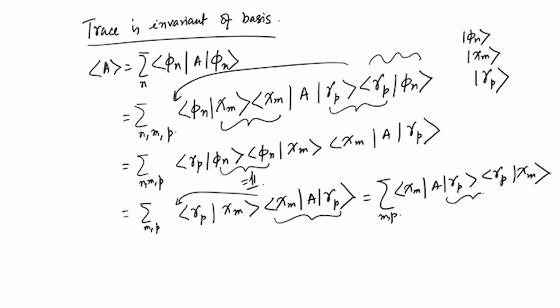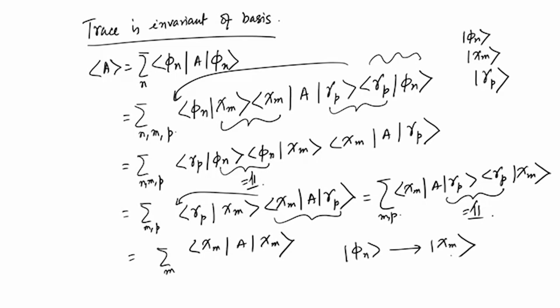Once again, I can use this outer product to be equal to 1, along with this summation over p. So, that leaves me with chi m, a, chi m. So, we have indeed gone from a basis which is phi n to a basis which is chi m, and we are still writing the expectation value in terms of a sum, and the operator a is taken between these chi m's, and that is what is going to be important for us.